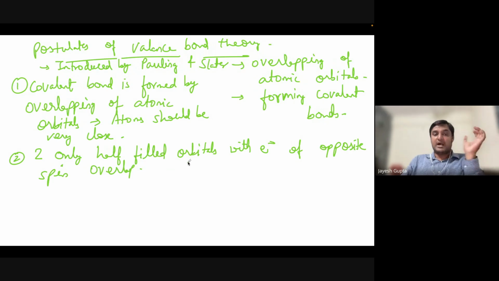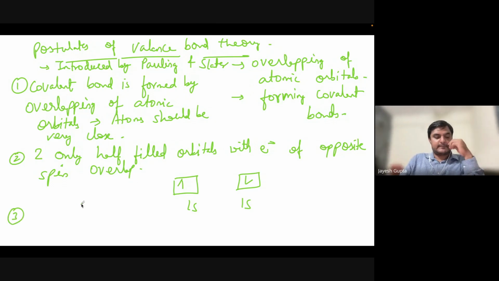So there has to be two half-filled orbitals with single electron, and the electrons should be of opposite spin. Then only they will attract each other, and the bond will be formed.